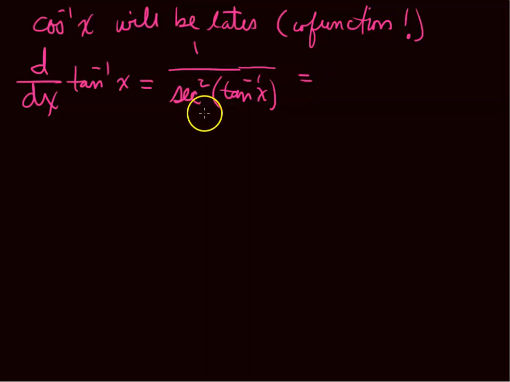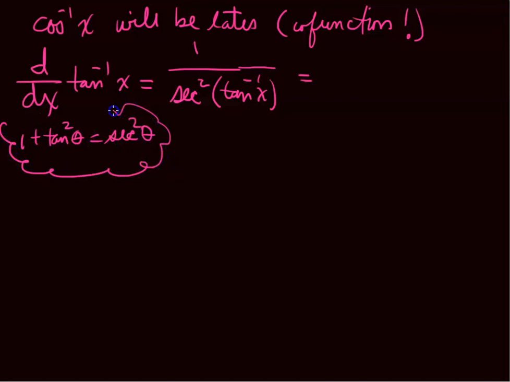You remember the identity that says 1 plus tangent squared theta equals secant squared theta? That's what you were probably thinking. So this is really 1 over, secant squared, let me try this again. It's 1 plus tangent squared.